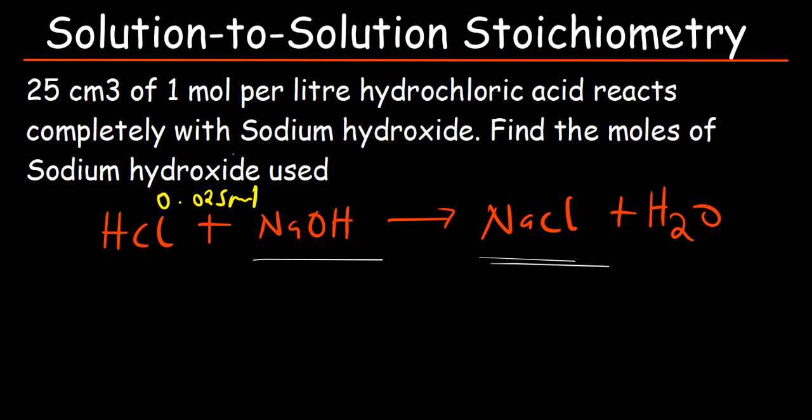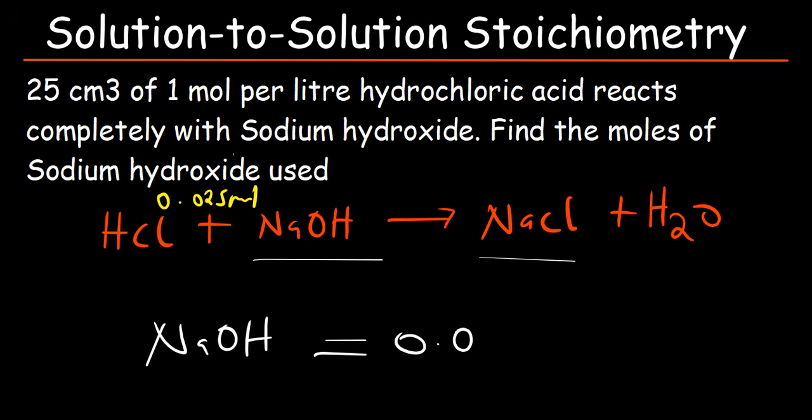It's very important for us to understand that. So in this case, what will be the moles of sodium hydroxide? Sodium hydroxide will just have 0.025 moles as well. So basically that is how we solve this part.